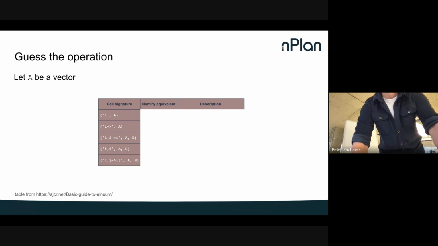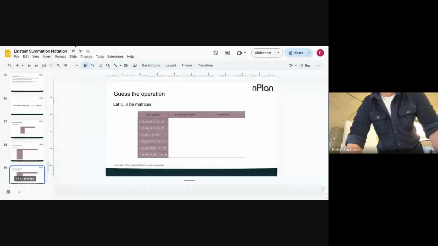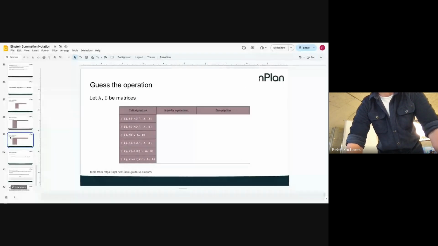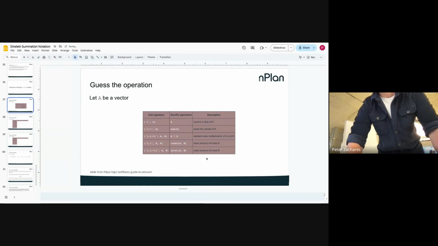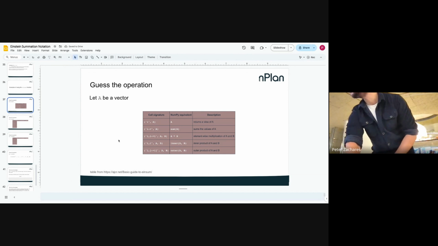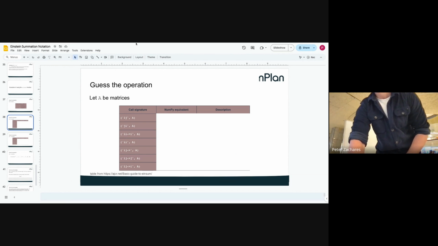Yeah, cross product. And epsilon tensor. Outer product. Yeah. So let's do some stuff with matrices.